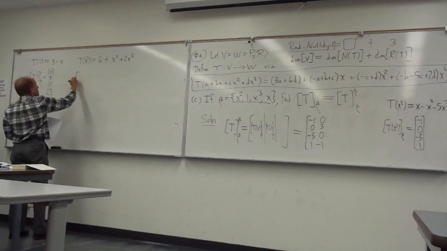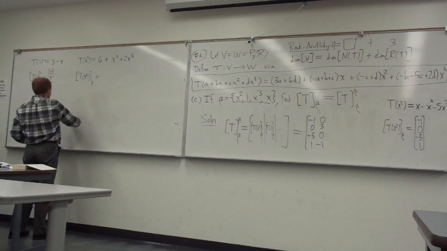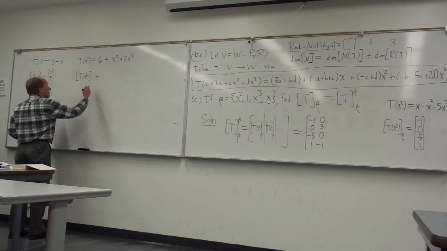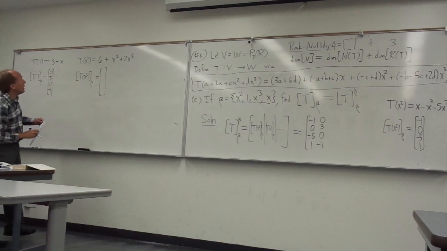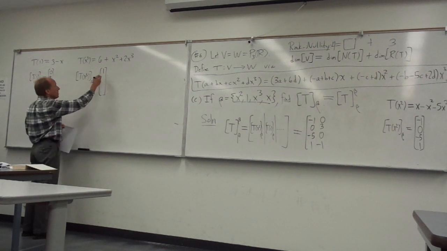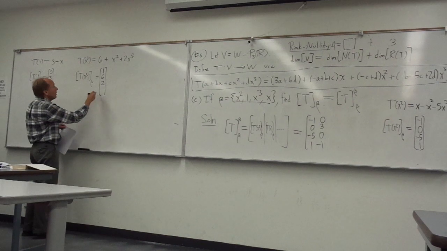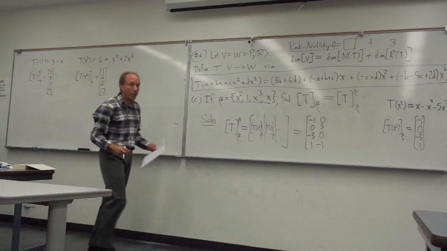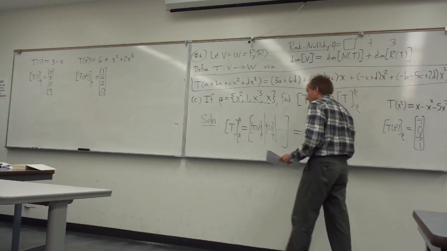Okay, so let's put down the coordinate vector of that relative to beta. So I have to start with the x squared term. There's one of those. My constant term is a 6. My x cubed term is a 2. And there's no x term, so I get a 0. So the third column here is 1, 6, 2, 0.